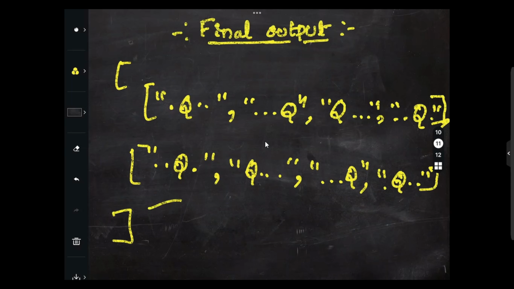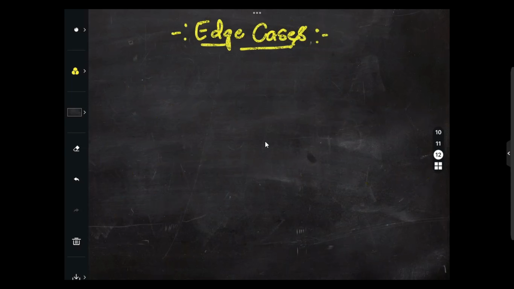Right, we got these two solutions, which is equivalent to the output shown in the first example that I have considered, right? So this approach works absolutely correctly in this case. We are going with backtracking, right? So let's discuss the edge cases one by one very quickly.